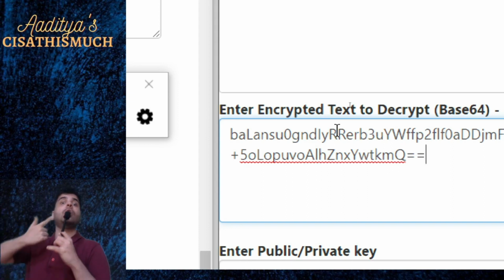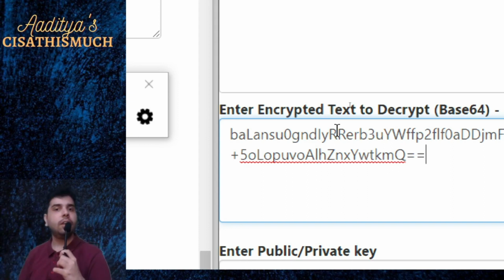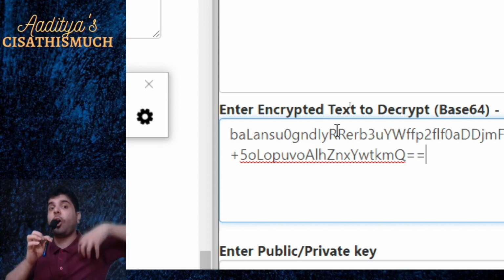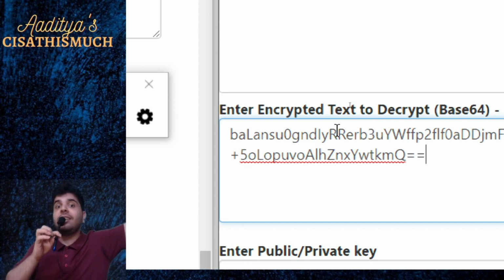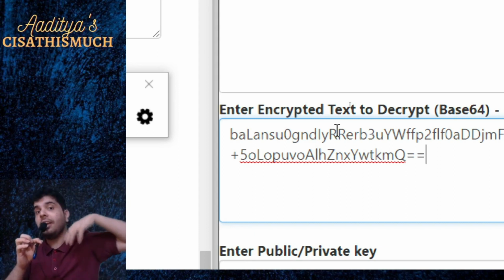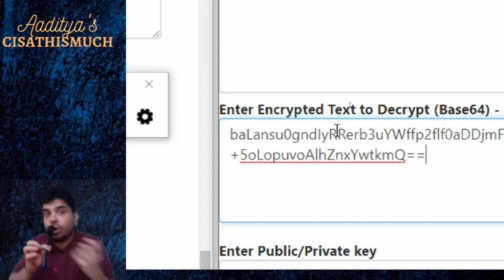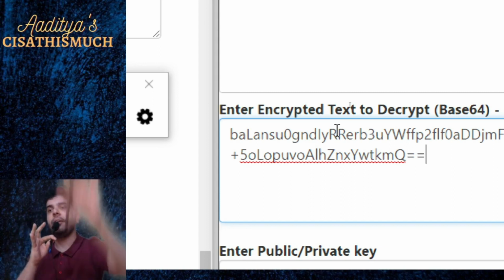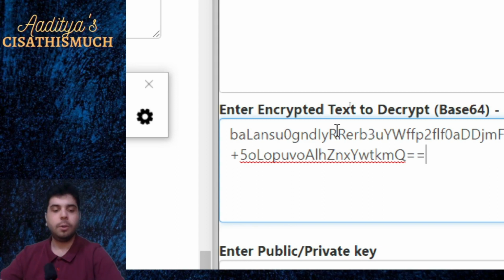Now John also requires his private key to decrypt that particular data, because this encryption was done using John's public key. Aditya has used John's public key to encrypt the data, so John is supposed to use his private key to decrypt the data. All right, let me zoom out.